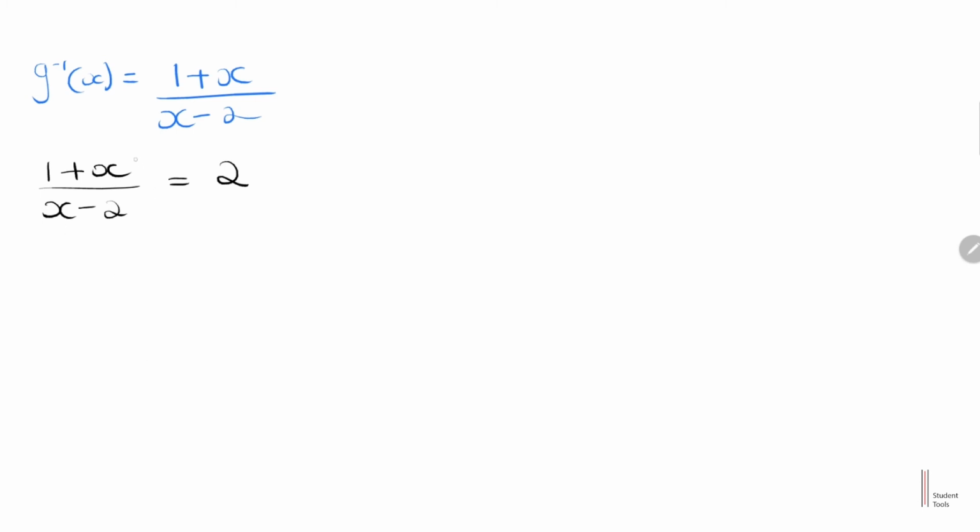So we'll do that by multiplying with an x minus 2, multiply with an x minus 2 on the right hand side as well. So this will cancel this such that we are left with 1 plus x equal to 2x. 2 multiplied by an x, that is a 2x. 2 multiplied by a minus 2, that is a minus 4. Right, so here we have 1 plus x equal to 2x minus 4.